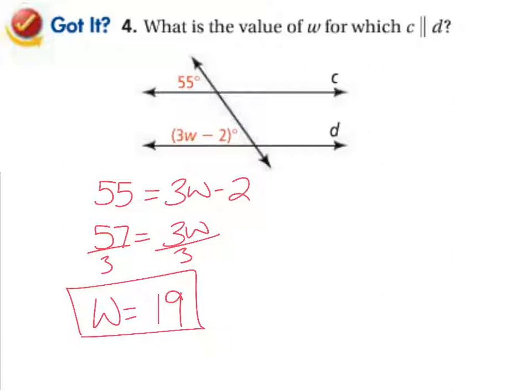All right, this is what I got. Did you catch that this time you're dealing with corresponding angles, and you would want corresponding angles to be congruent, not supplementary. So we're setting these equal to each other this time, not adding them up and setting them equal to 180. So you kind of have to remember which ones are supplementary and which ones are congruent.